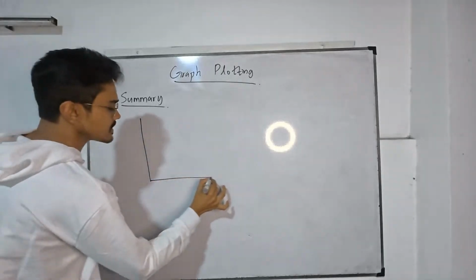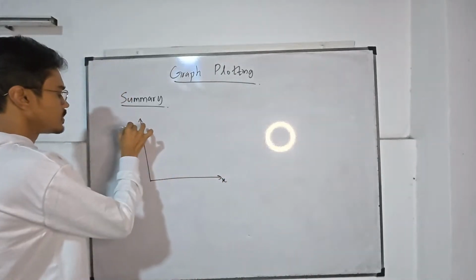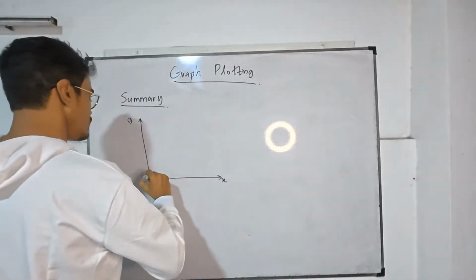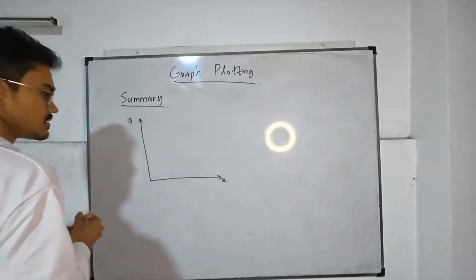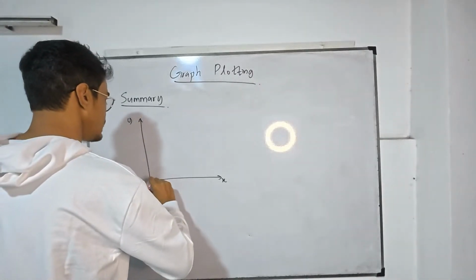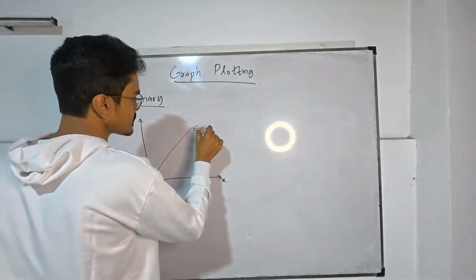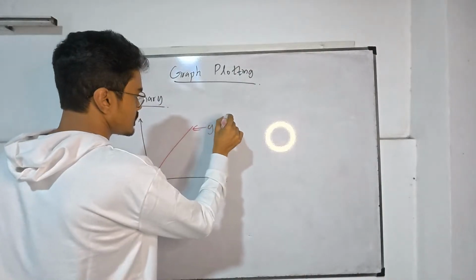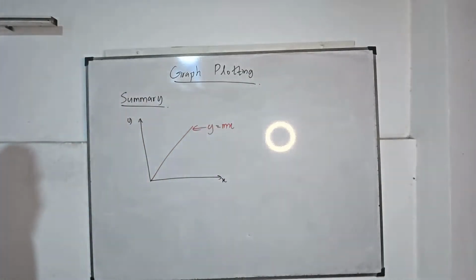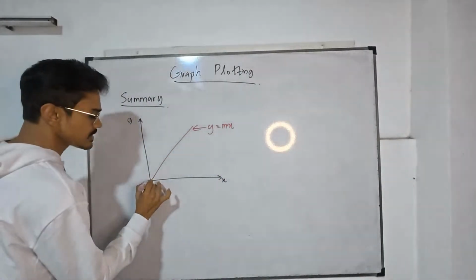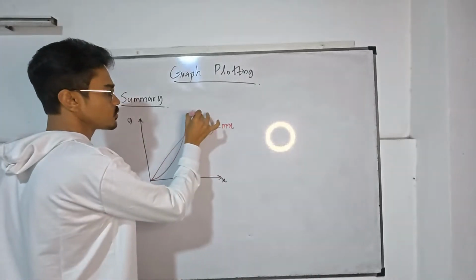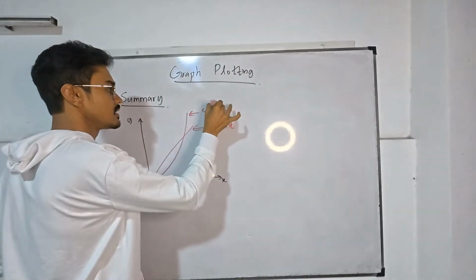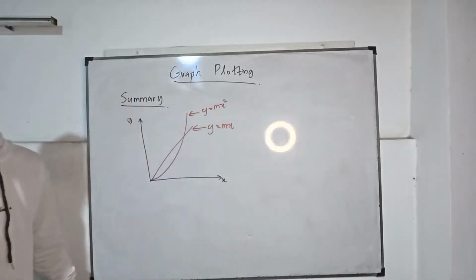So this is what happens if I plot all these curves on a single axis panel. See? This is y equals mx. And this is y equals mx squared.